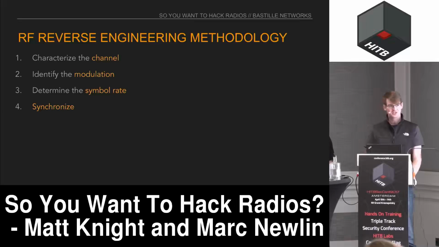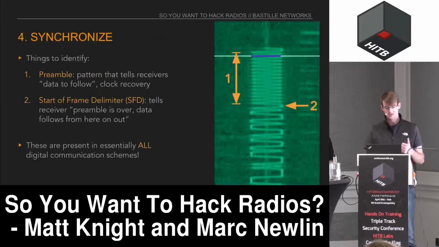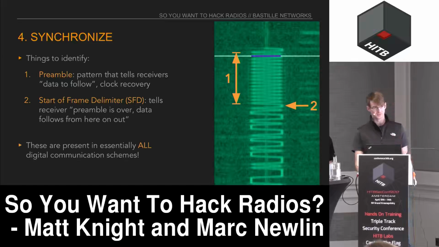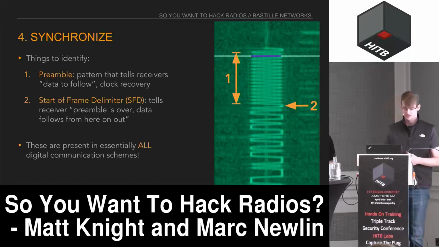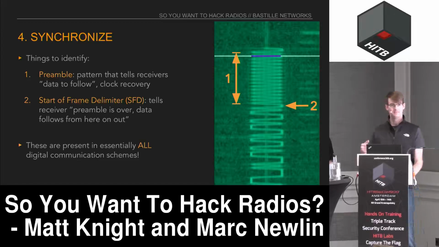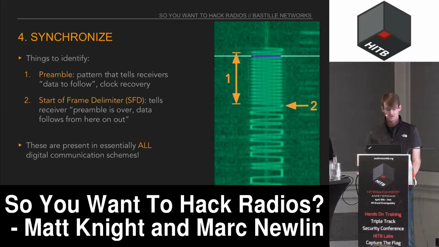Step 4 is to synchronize against our packet. So we're going to write some software that will essentially identify the preamble and the start of frame delimiter. And these are the two elements that we just talked about with that interactive example. They're present in just about every wireless digital communication scheme that's out there. Essentially, the preamble is a pattern that the transmitter sends out to tell the receiver that data is soon to follow. It also helps with clock recovery.